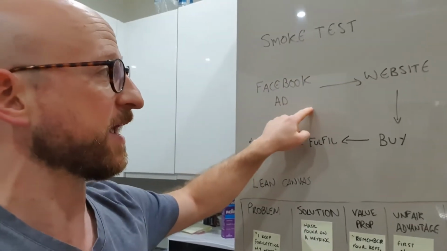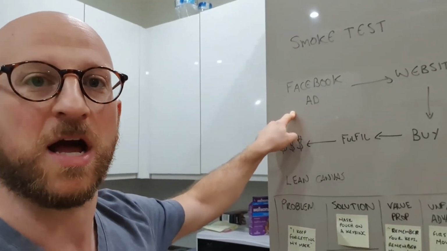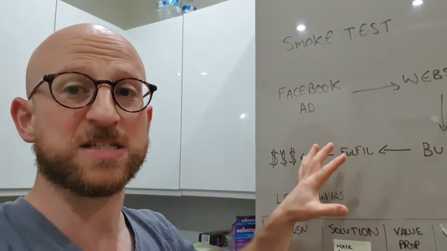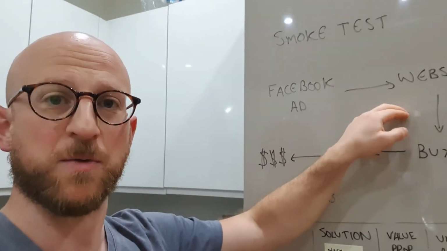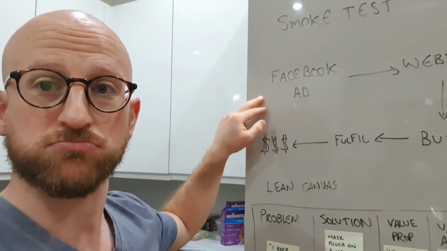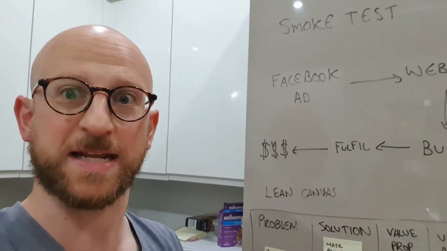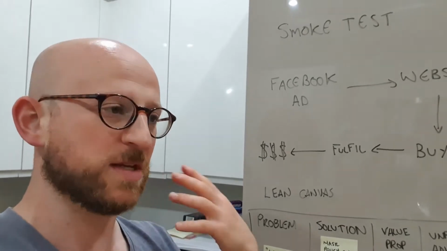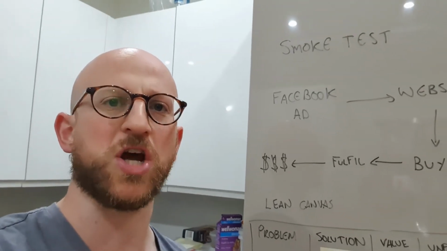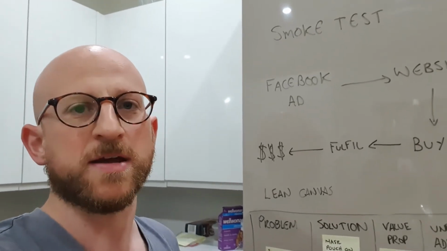Then you can use a smoke test to test just that. What that would look like is just putting an ad on Facebook or on Google or wherever, but not building any of this stuff. Maybe just having an empty website with a form in there. So people see a Facebook ad that implies that there's a whole business sitting there, and you say, this is my product, it's the mask pouch, never forget your mask again, remembered your keys, remembered your mask, enjoy, buy now.